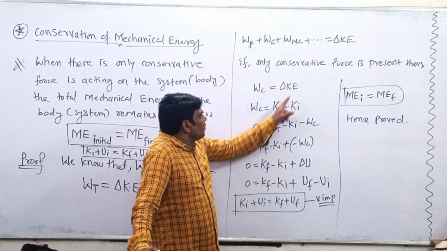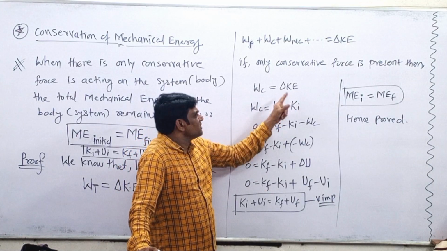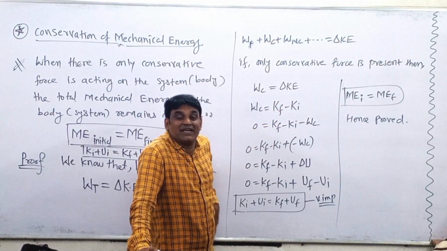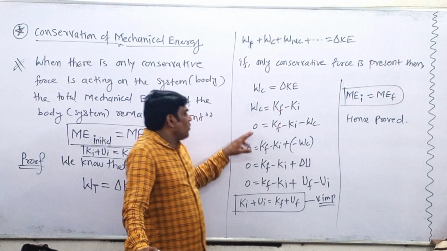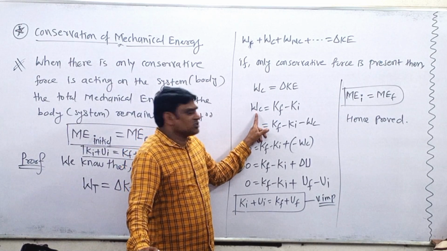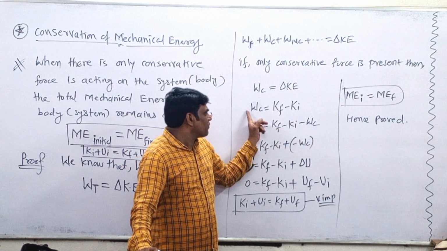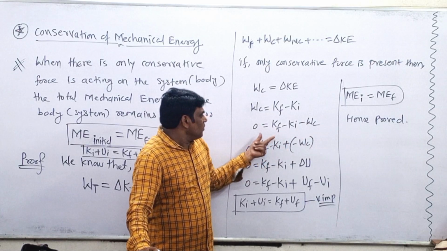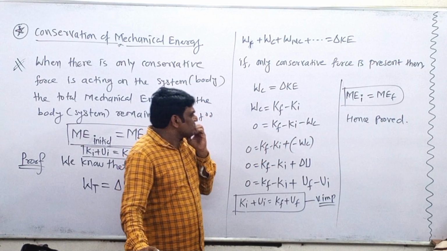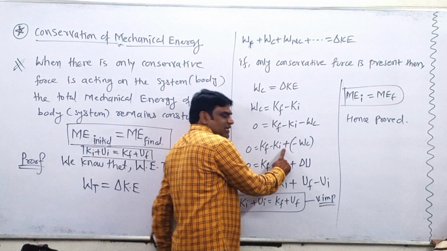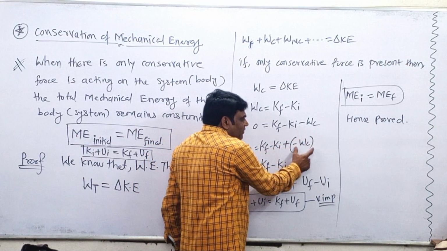Now, let us write this. Change in kinetic energy means kinetic energy final minus kinetic energy initial. Now this conservative force term you take on this side, so it will become plus, here on this side it will go and become minus. So if you arrange this term, what you will get? Instead of writing this, I will write plus sign here, and this complete term I am taking in a bracket.